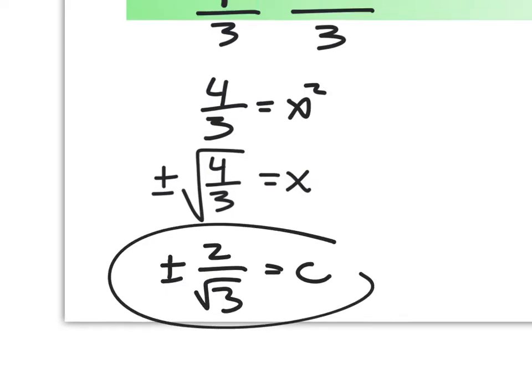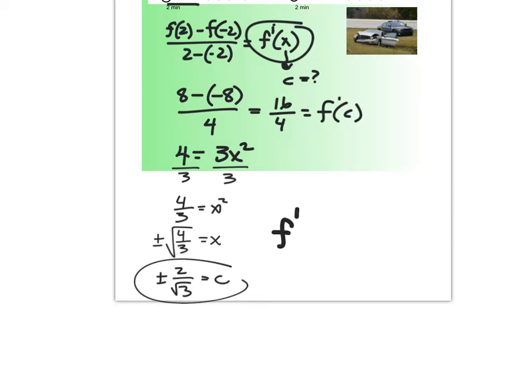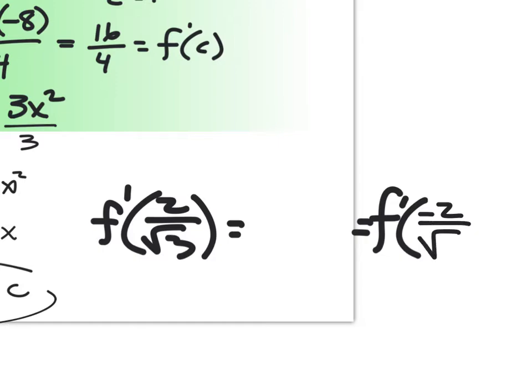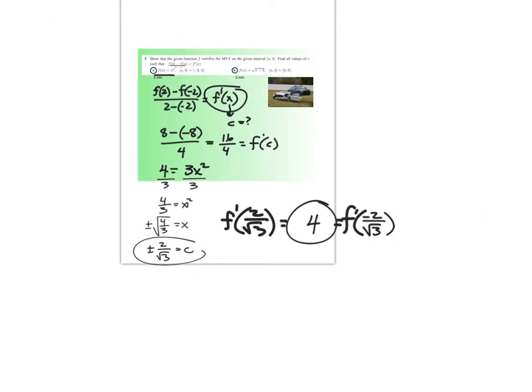So at c equals, that tells us that f prime of 2 over root 3 and f prime at negative 2 over root 3 will both be equal to 4. We found where the slope is 4 on that interval for that function.